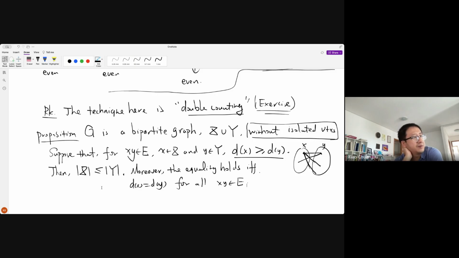I think it's natural, but the proof is pretty nice. The proof involves double counting. I don't think it's very easy to avoid using double counting. Although the conclusion seems correct, without double counting I don't see a very simple way to prove this.